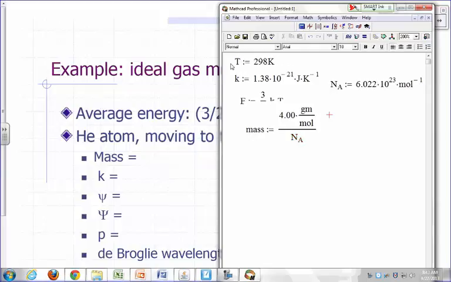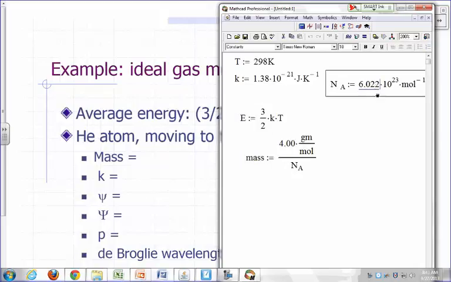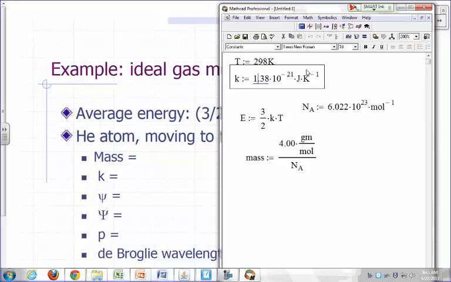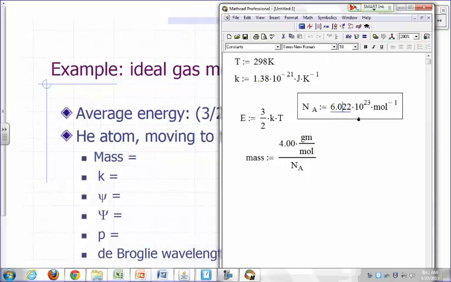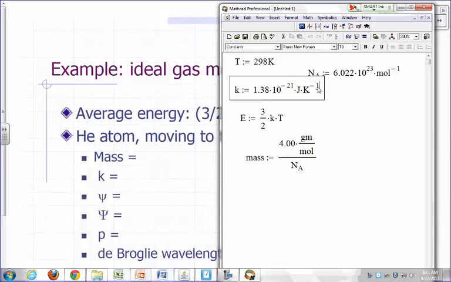Okay. Boltzmann's constant is times 10 to the negative 23rd. I could never remember that. I prefer to remember it as R over Avogadro's number. So let me redefine it as R over N sub A. R over Avogadro's number.